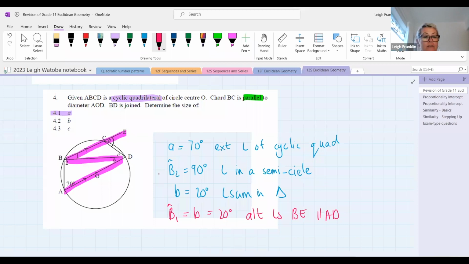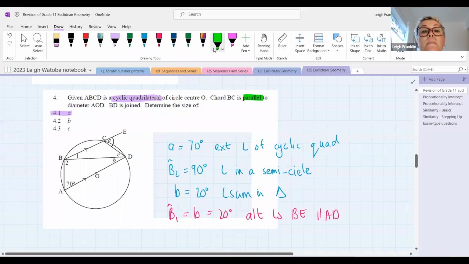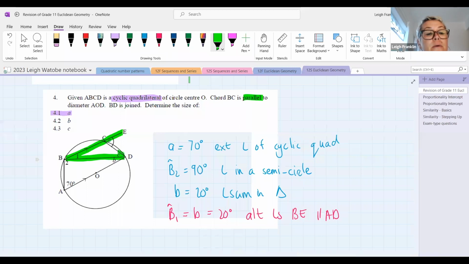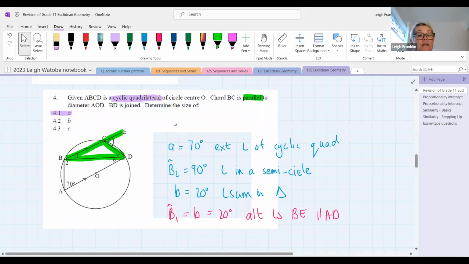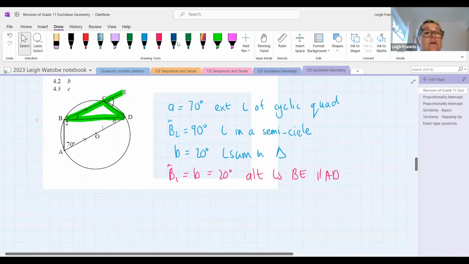Okay, why is it important for me to know how big B1 is? Again, I'm going to delete here. All right, and I'm going to show you the triangle. Okay, so here I have a triangle with an extended side. So that means that if I add B1 and C together, I'm going to get angle A. All right, exterior angle of triangle.